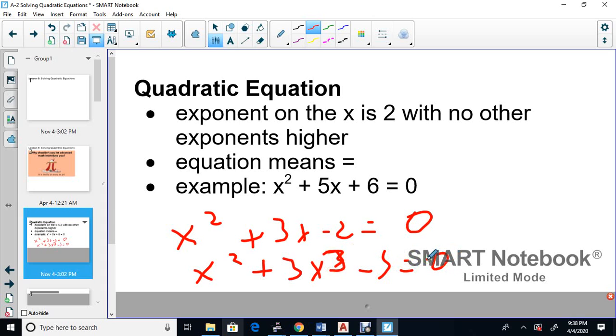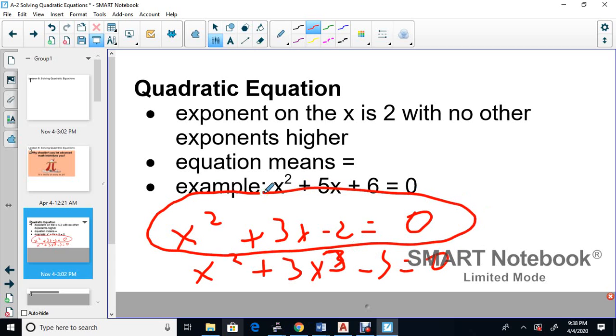I know it's a little bit difficult for me to write on the computer, but that's supposed to be a 3. The one that's quadratic is the first one because it has a squared. But if it's to the power of 3 or 4, then it's no longer a quadratic equation.